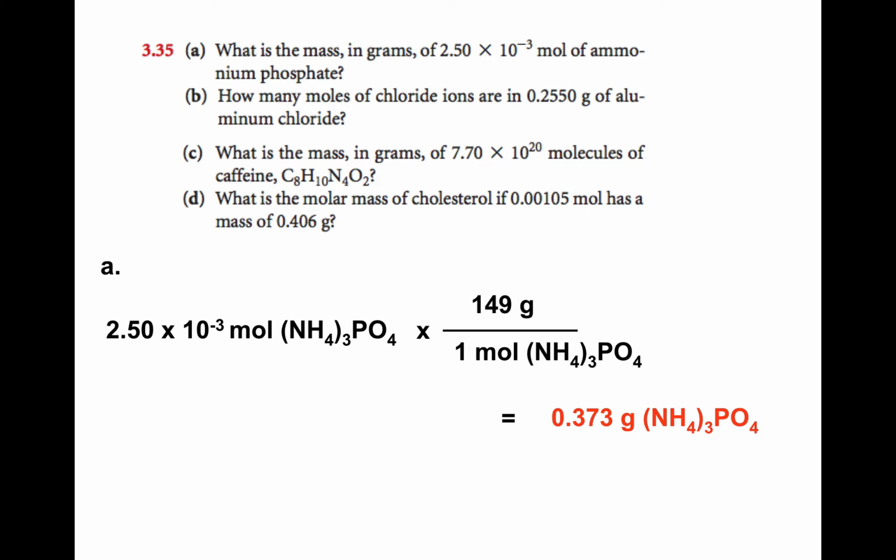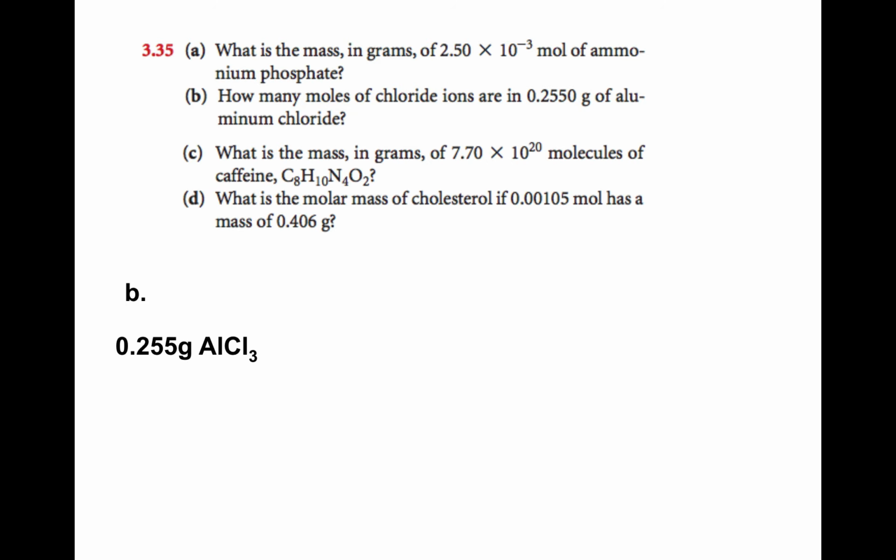B, how many moles of chloride ion are formed in 2.55 grams of aluminum chloride? All right, so we've got grams, and we want to get out of grams, so we can use molar mass to get to moles. So add up the atoms in the formula to get molar mass.